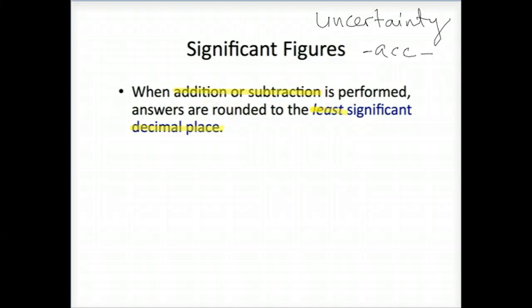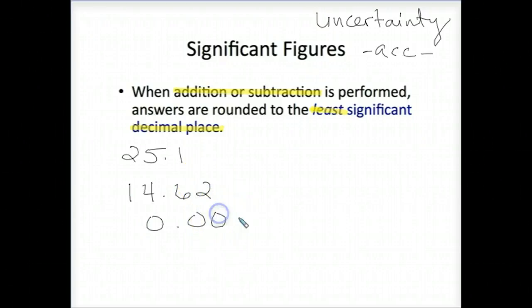For example, if I have numbers like 25.1, and I then have 14.6, let's make that 6.2, 0.003, 0.006, and let's say 2.